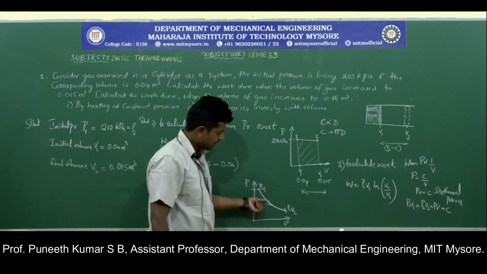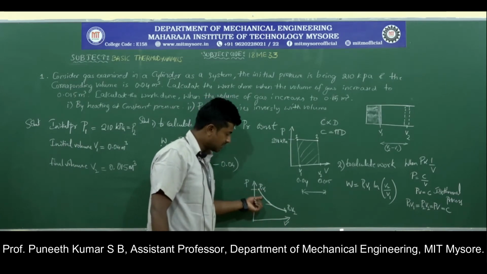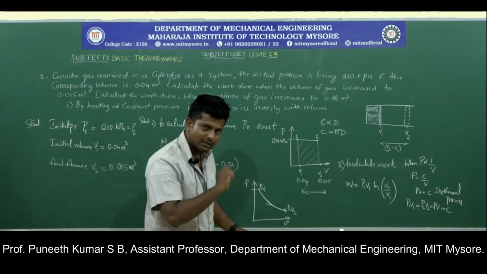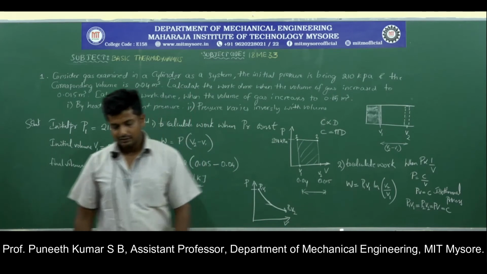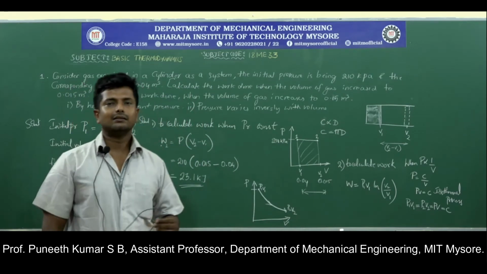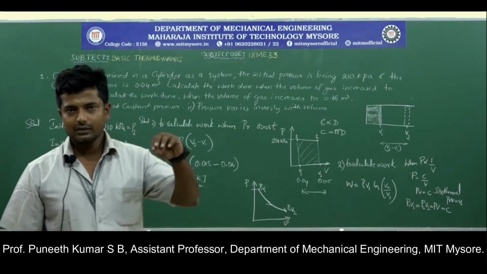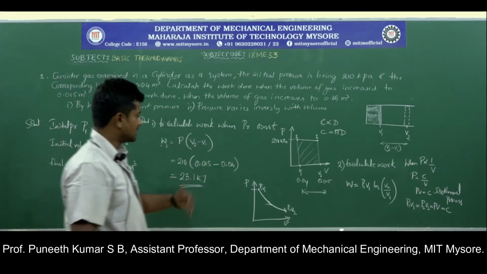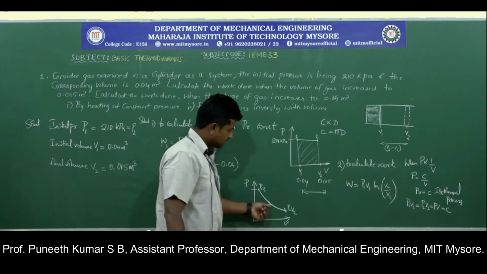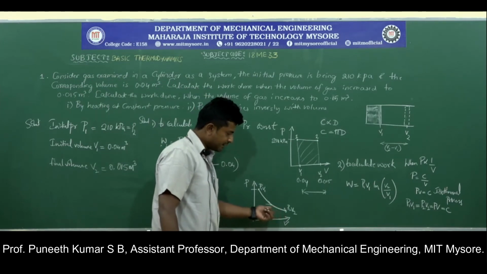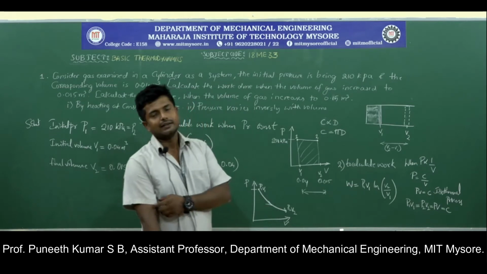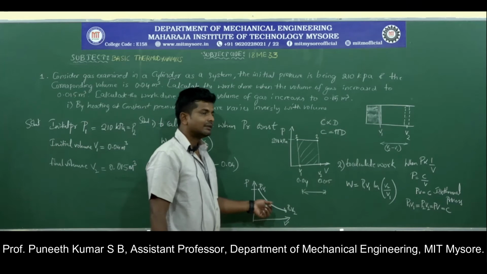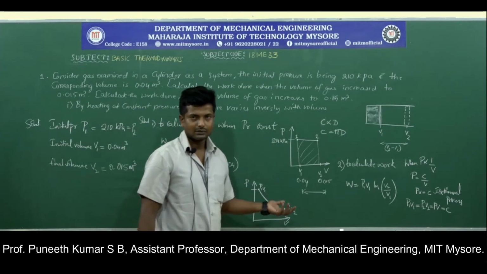That means whenever the PV curve has an arrowhead towards the right, you can easily think that it is positive work produced or positive work done. Similarly, if the arrowhead is pointing towards the left, then it is work done on the system. If it is towards the right, it is work done by the system.